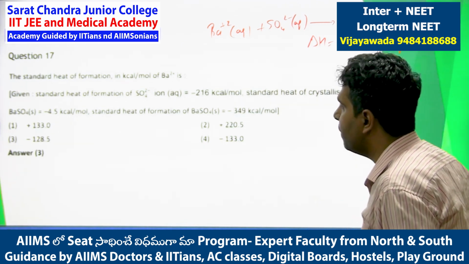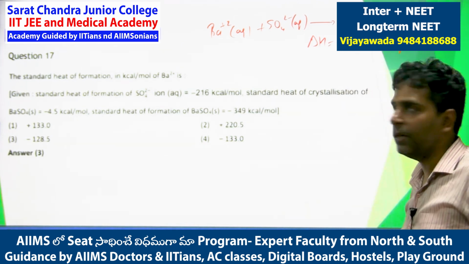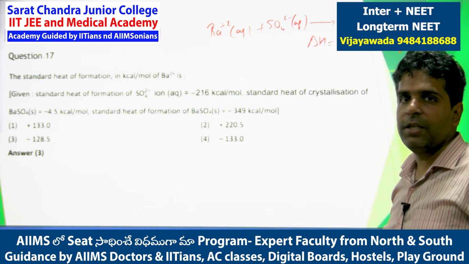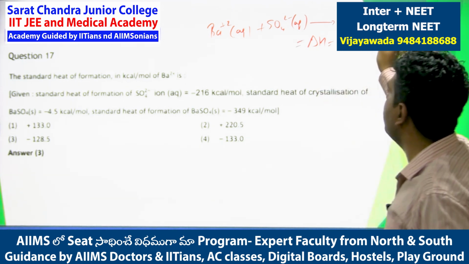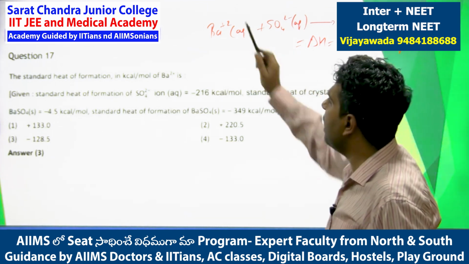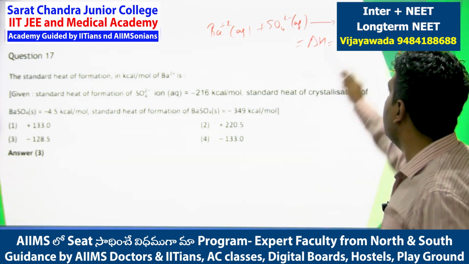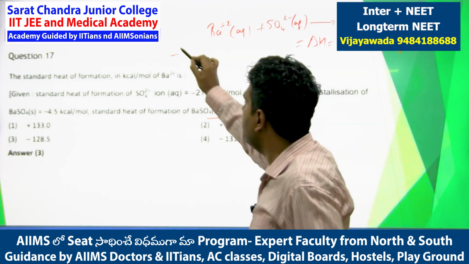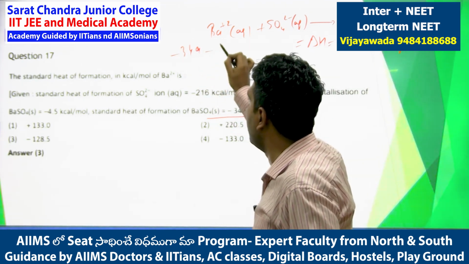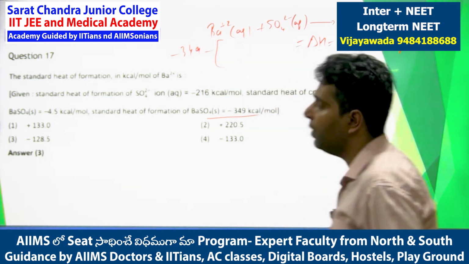The standard heat of formation of barium sulfate is also given. So the enthalpy of this reaction will be the enthalpy of formation of product minus the enthalpy of formation of reactant. The enthalpy of formation of the product, barium sulfate, is already given.